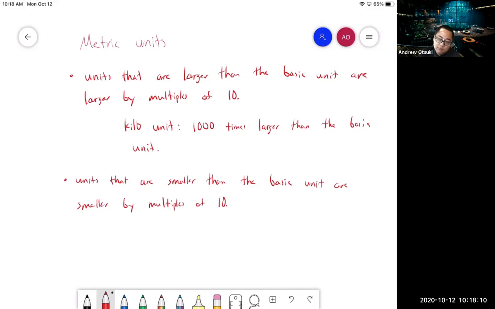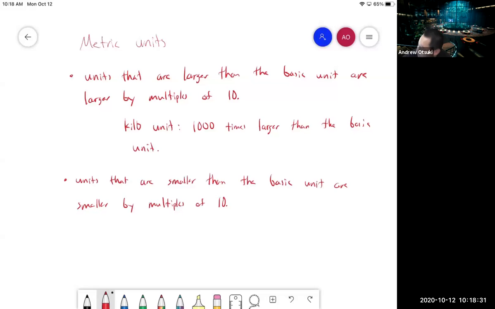But for units smaller than, say, grams, we use multiples of 10 that are smaller than the unit. So 10 to the negative 1, 10 to the negative 2, 10 to the negative 3. It refers back to scientific notation, where we talked about how to represent very big and very small numbers.